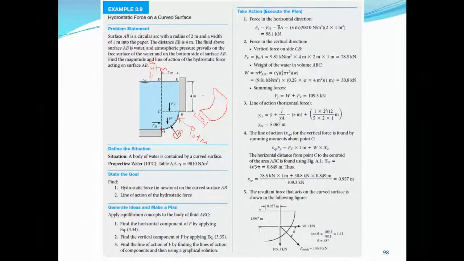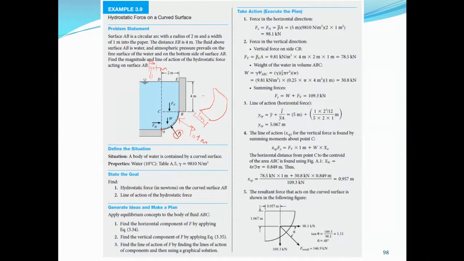These are the steps. You have to apply equilibrium concepts to the body of fluid ABC, and that is why, like I always mention, statics is a prerequisite to this course. You need to understand statics, basically the generation of free body diagrams from problems, as well as the application of the equilibrium equations to such figures.